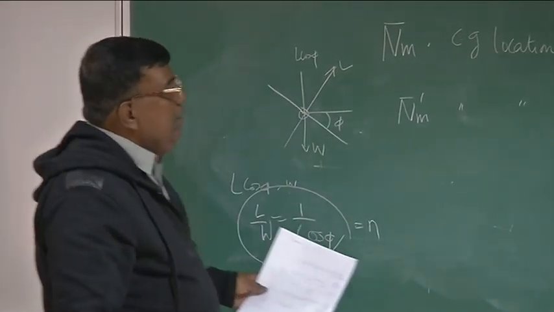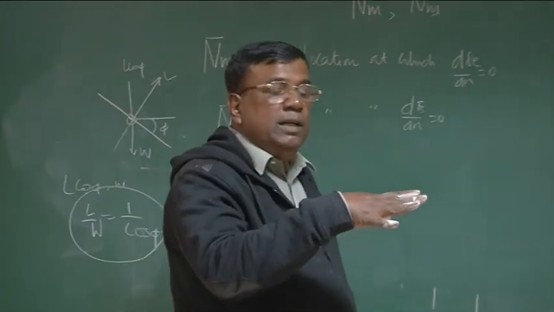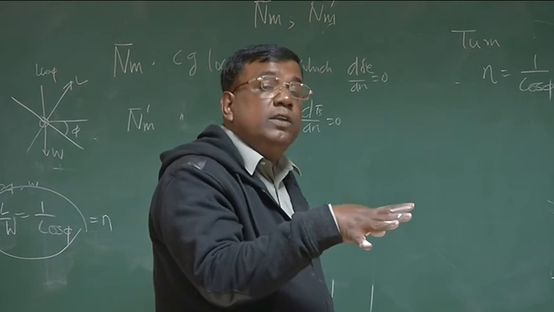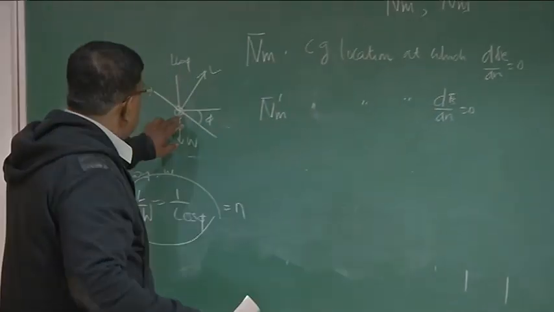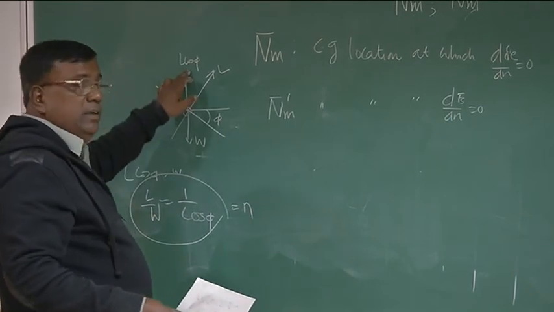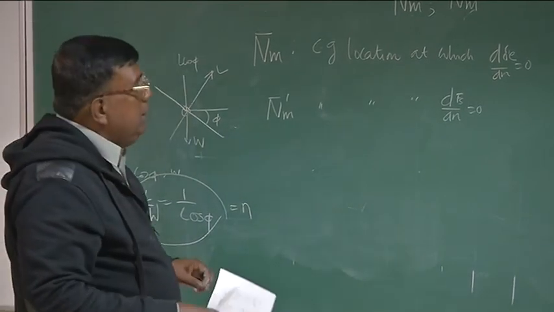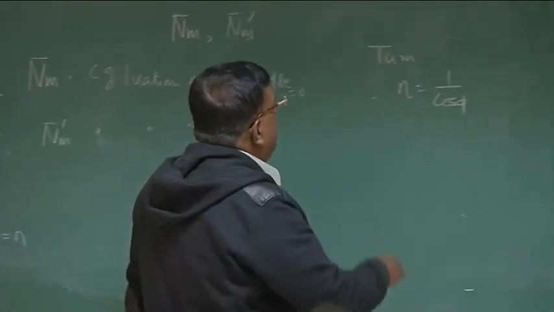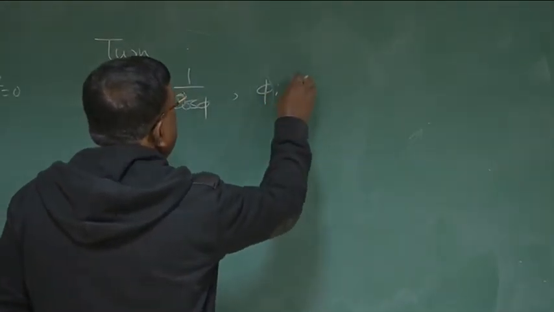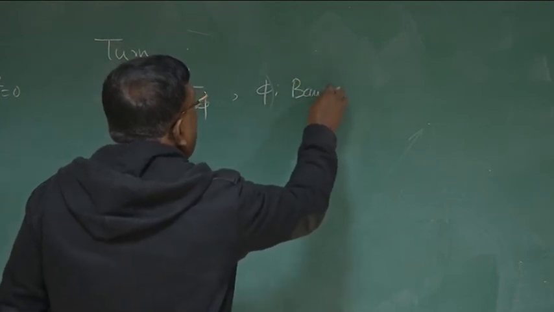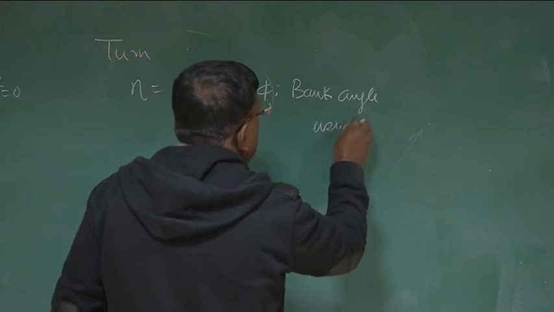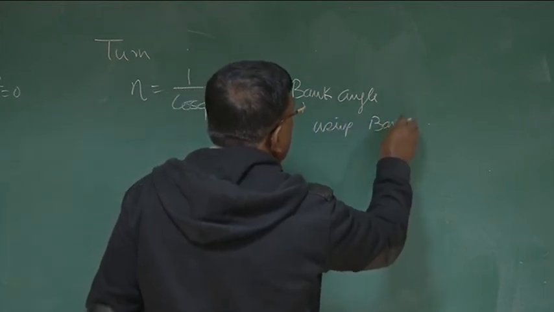So if I am banking the airplane and making a turn like this without losing altitude, because I'm balancing that weight, which will try to reduce the altitude, by L cos phi. Okay? So accordingly, I can find out what is the load factor with which I am flying if I take a reading of phi, the bank angle, using the bank indicator, which is in the cockpit.